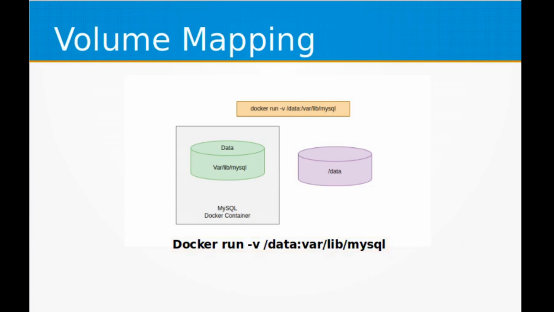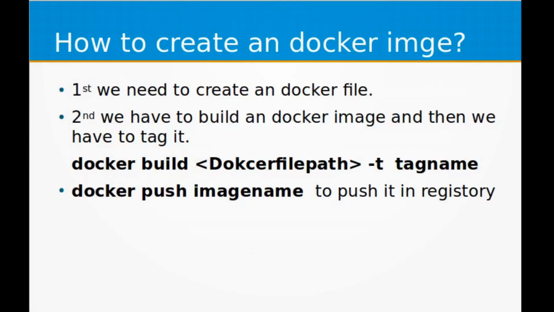Let's move to the next slide and see how to create a Docker image. The Docker image is created using a DockerFile. As you can see on the screen, the steps involve: first we need to create a DockerFile, second we have to build a Docker image, then we have to tag it.